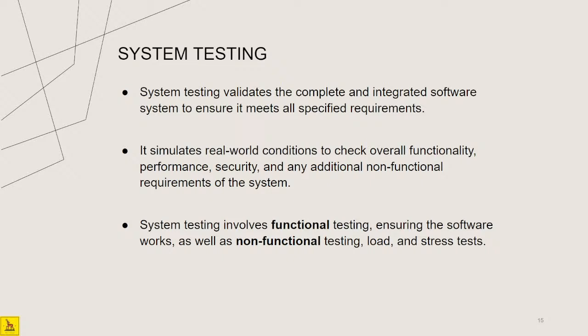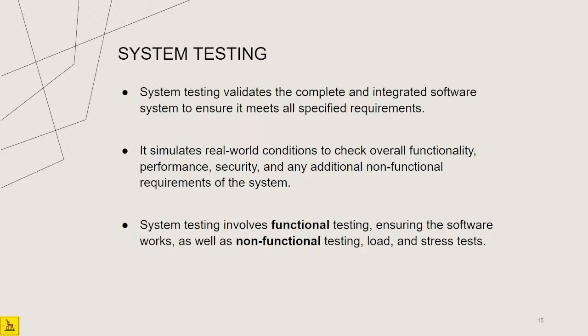Now we will be looking at system tests. System tests validate the complete and integrated software system to ensure it meets all specified requirements. This means in our system tests, we want to verify that the entire system functions as expected. These are going to be slower tests.